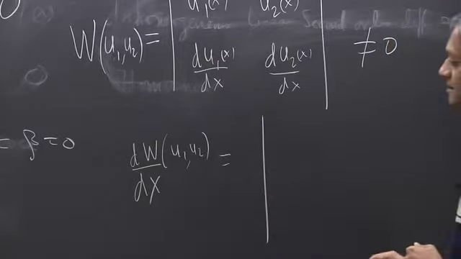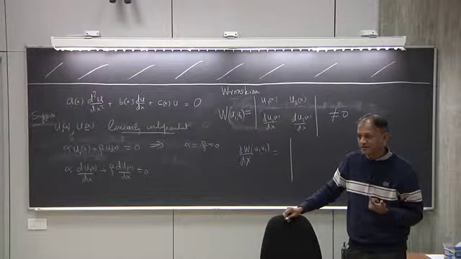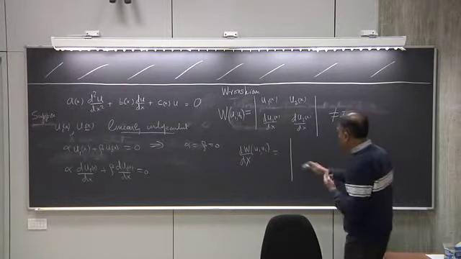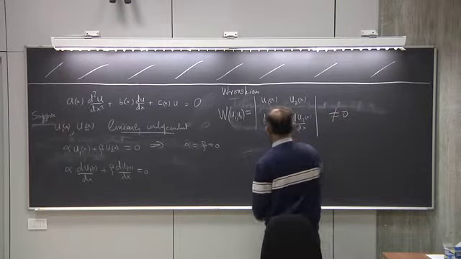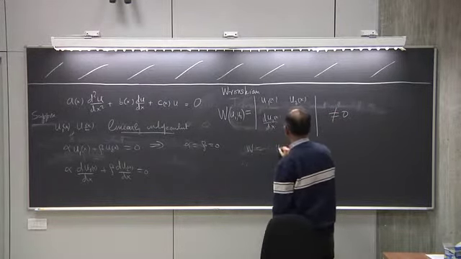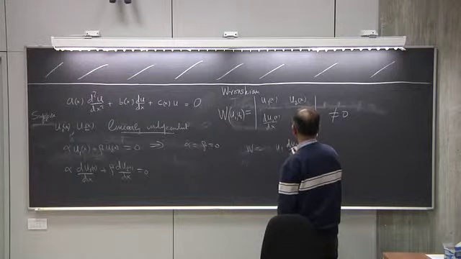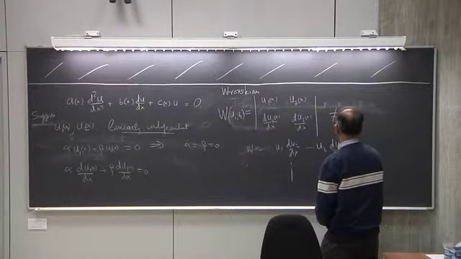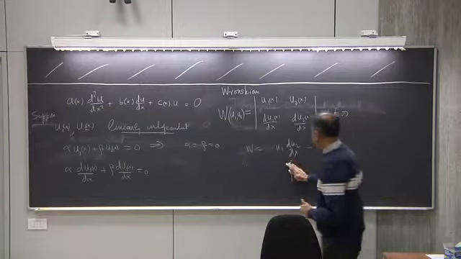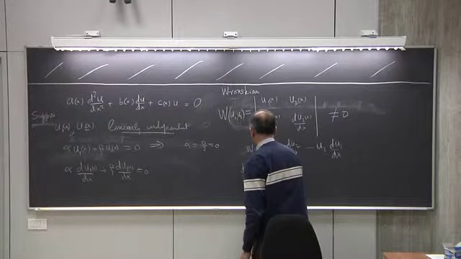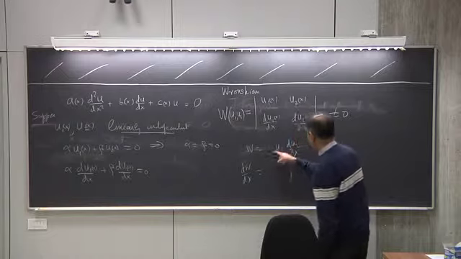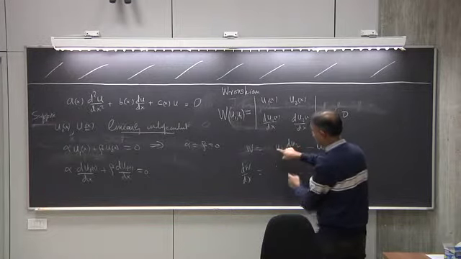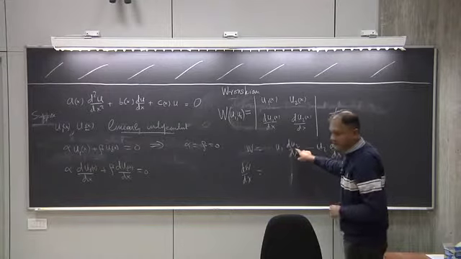You know, the derivative of a determinant is a sum of two terms, actually. So let's explicitly write down what it is. W is simply u1 du2 by dx, this determinant, minus u2 du1 by dx. So if I take dW by dx, there are two terms: when the derivative hits here or the derivative hits there.